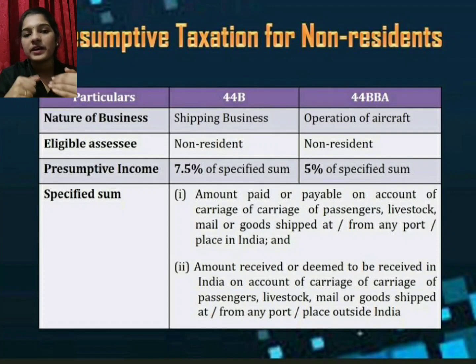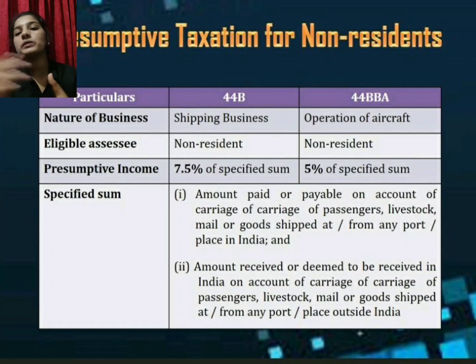The second case where the passengers or livestock or goods are shipped at a port outside India, but the amount is received or deemed to be received in India. So the total of these 2 amounts is the specified sum, and 7.5% of this specified sum is the presumptive income as per section 44B, which is available to non-residents who are engaged in shipping businesses.